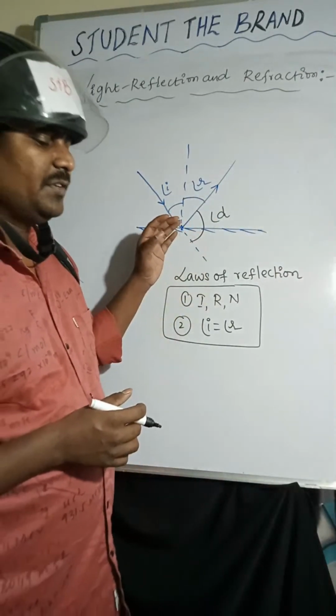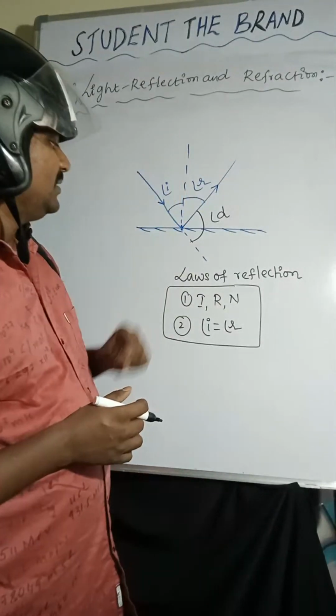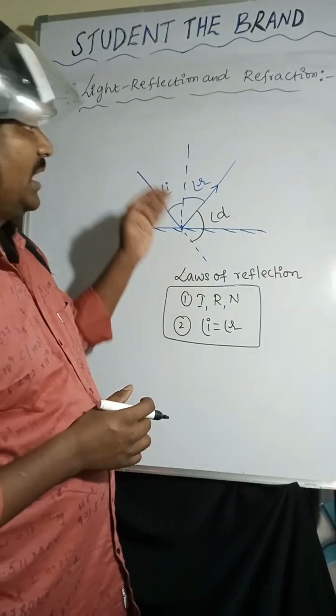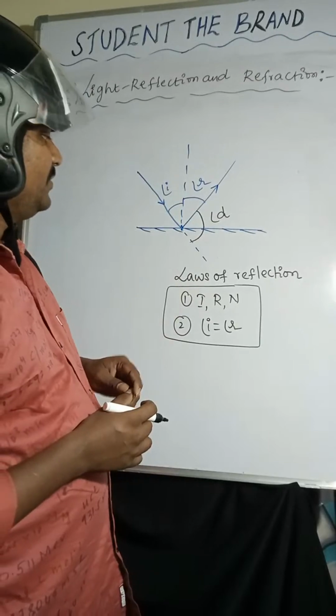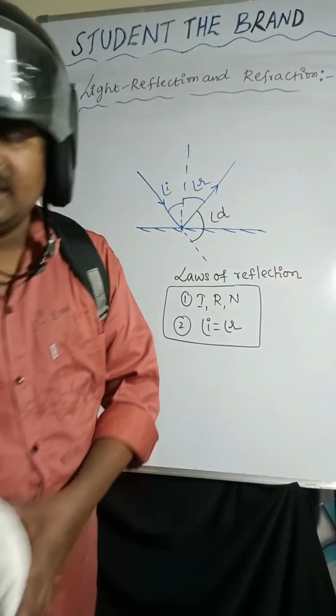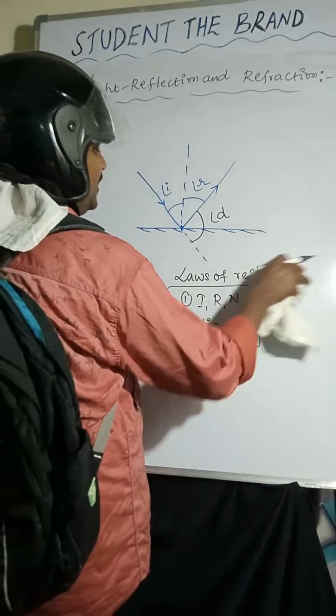Coming to the laws of reflection: the incident ray, reflected ray and normal line lie on the same plane, and the angle of incidence is equal to the angle of reflection. That is about the laws of reflection. And coming to the angle of deviation formula.